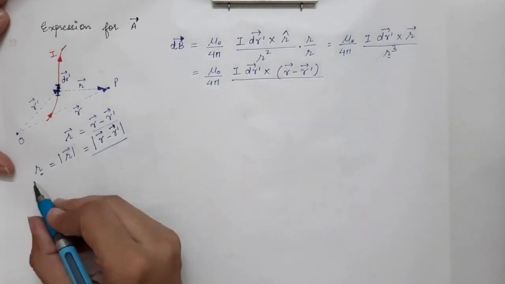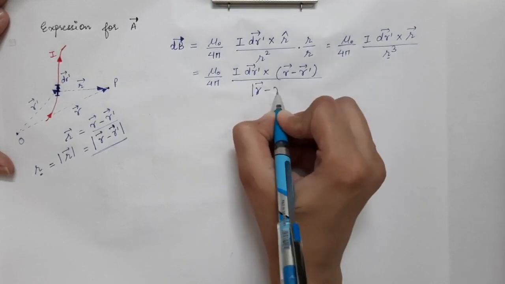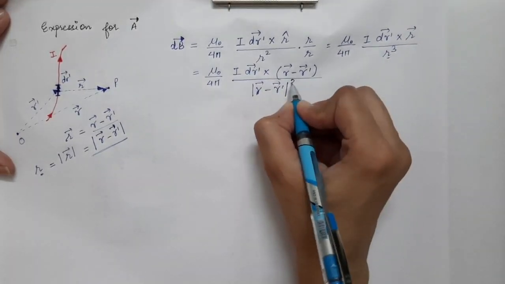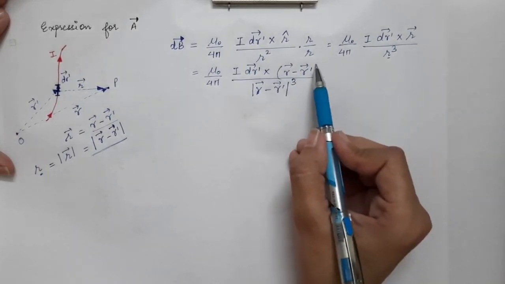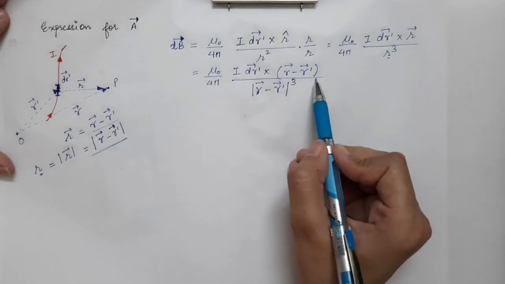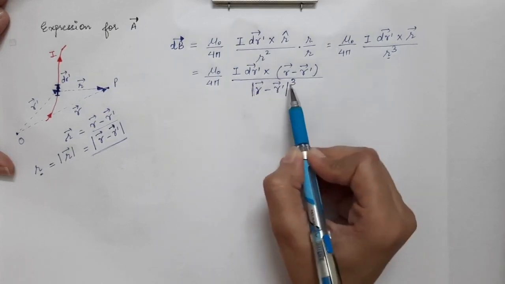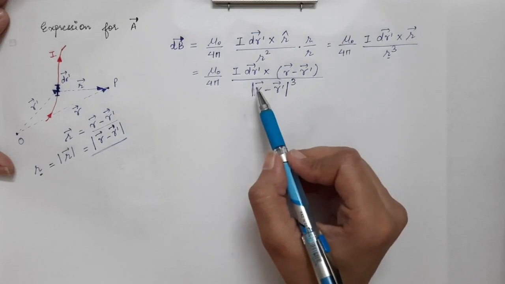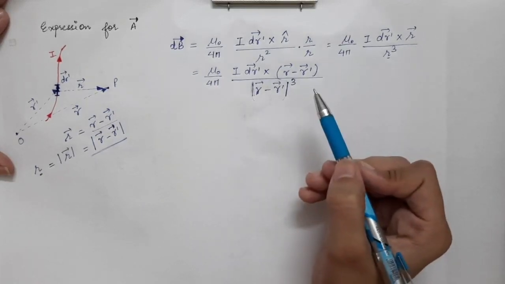Curly r is equal to the magnitude of r vector minus r prime vector, and then we have its cube. Over here in the numerator I have used round brackets, and in the denominator the magnitude is represented by straight lines. You have to keep this in mind, because many students just write round brackets in the denominator also.